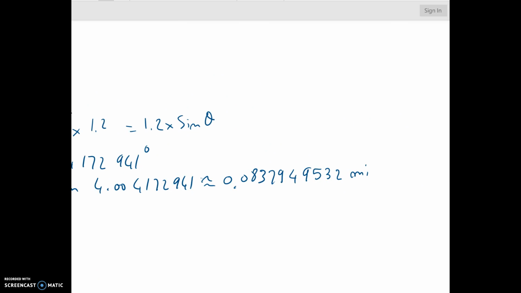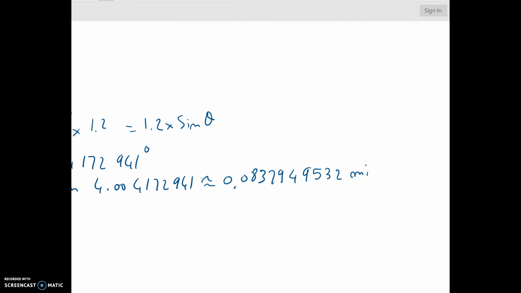Now, how many significant digits are you looking for? Well, you're looking for two significant digits because you have 1.2 miles defined with two significant digits, and that's the only value that you are dealing with.